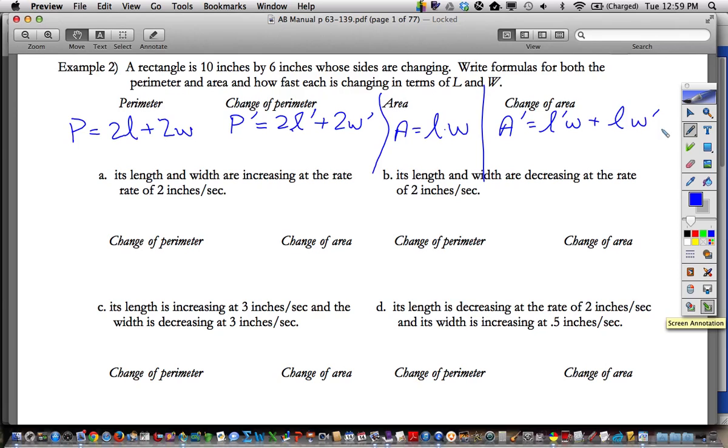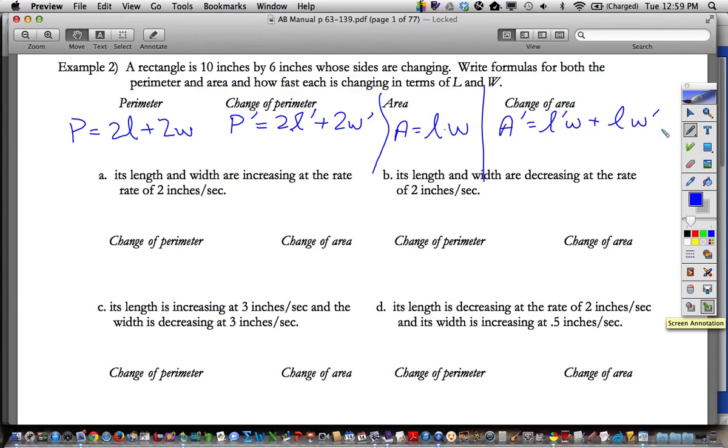The length and width are both increasing at the rate of 2 inches per second. How fast is the perimeter changing when the rectangle is 10 inches by 6 inches? That would be the problem.